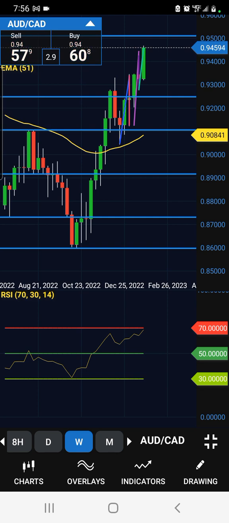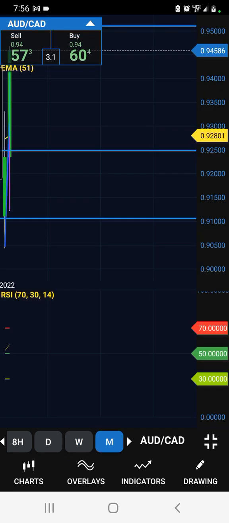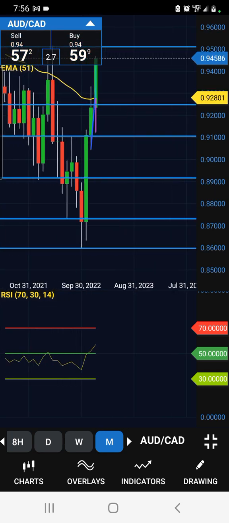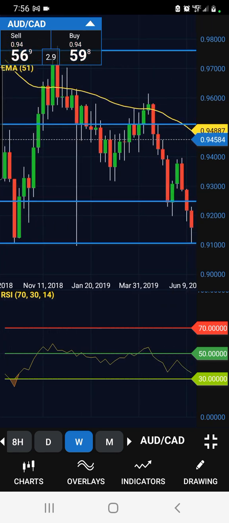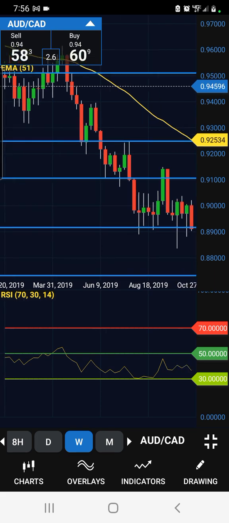And whenever price gets to the key levels on the monthly or weekly time frames, it stands a better chance of reversing from that level.